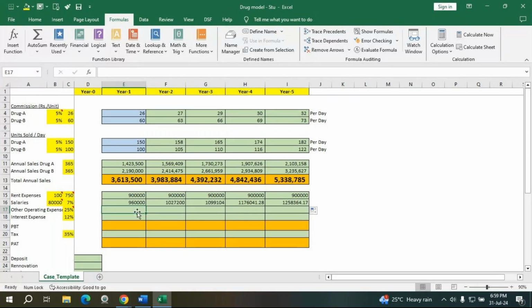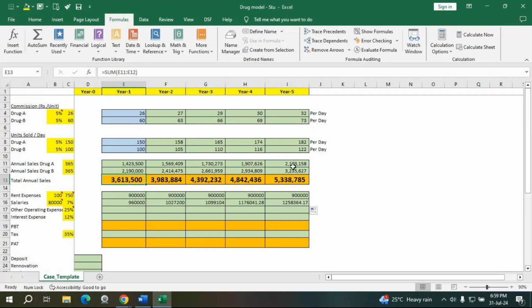Excuse me, ma'am. Yes. Ma'am, there is some problem in annual sales. This is not correct, ma'am. According to me, my annual sales for the first year are matching, but for the second year there is variation.